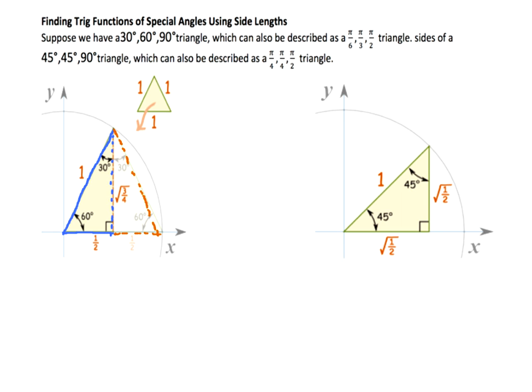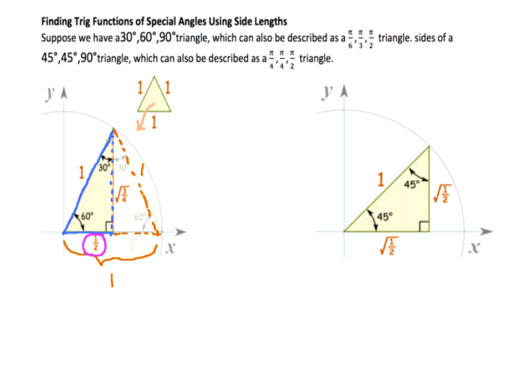And all sides are equal. So this side is equal to 1, and this entire side over here is equal to 1, which is how I am able to say that the side that is adjacent to the 60-degree angle there is equal to 1/2.